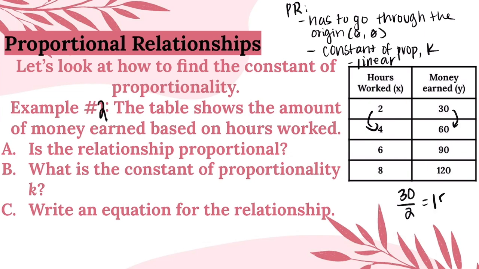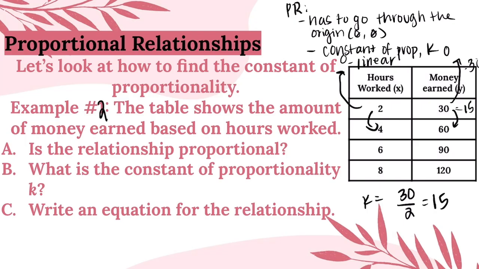And I'll get 15 there. So then if we go back 30 here, we subtract 30, we'll be at 0. And if we subtract 2 over here, we'll be at 0. Showing us that it does go through the origin. It has a constant of proportionality, K, right? All of these are equal to 15.